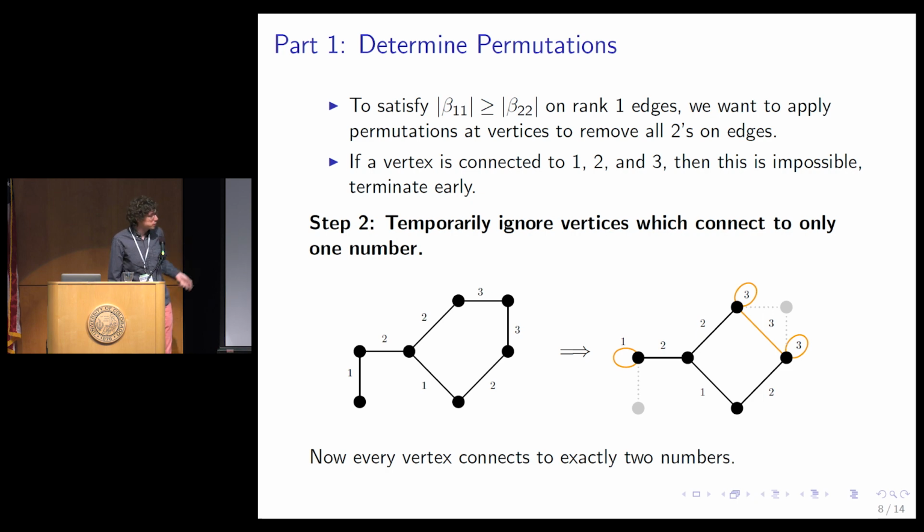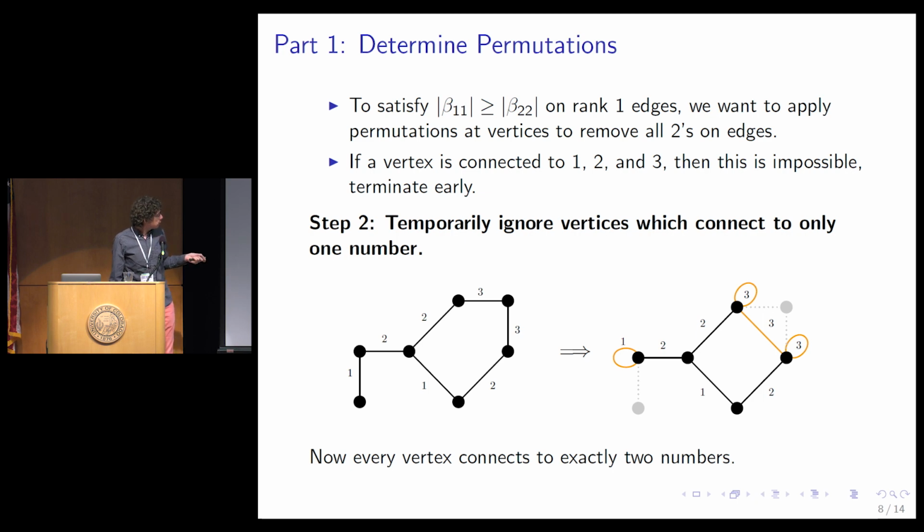So for example, if I have a vertex in my graph connected to edges labeled by 1, 2, and 3, then it's impossible to remove an edge labeled by 2, because if I apply a permutation, it will just cycle around these labels. And so in that case, we could claim that our Hamiltonian cannot be made stochastic and terminate. So going forward, we'll assume that our graph is composed of vertices whose edges have at most 2 different labels.